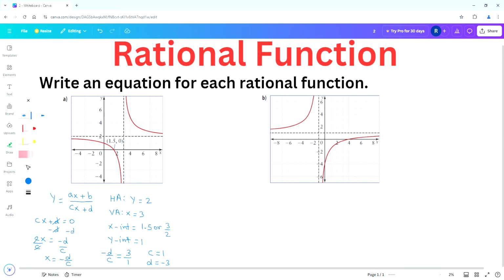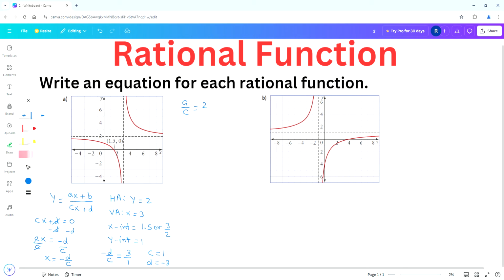Next, we can analyze the horizontal asymptote for the given graph. We can find the horizontal asymptote for the function from the equation. So as per the general equation, the value of the horizontal asymptote should be a over c. In the graph, the horizontal asymptote is at 2, so a over c should be equal to 2.